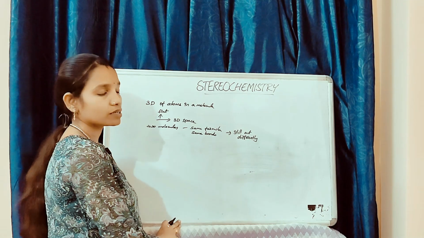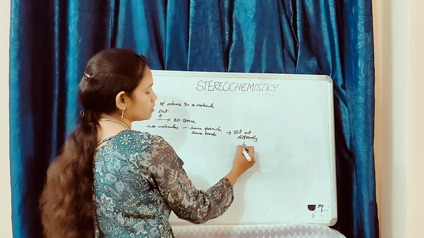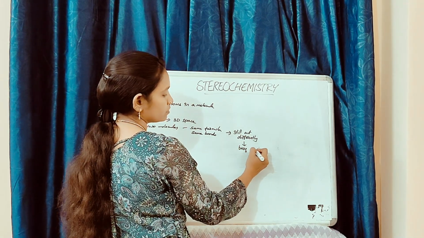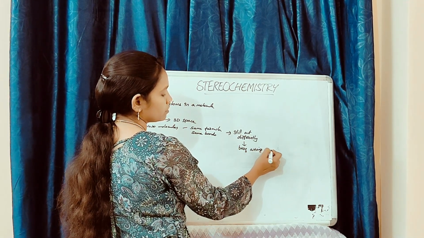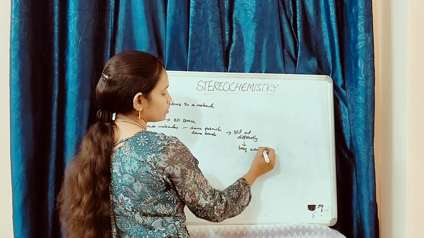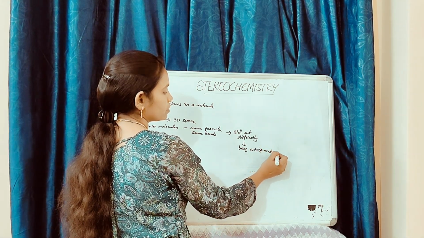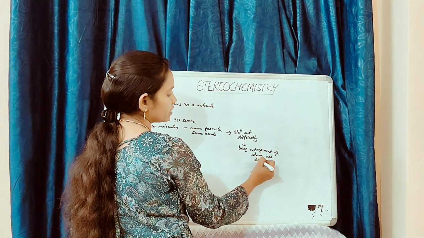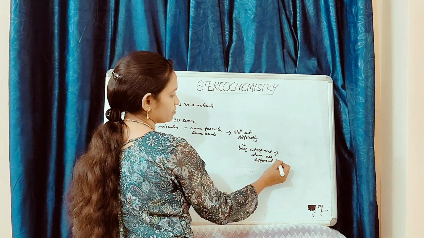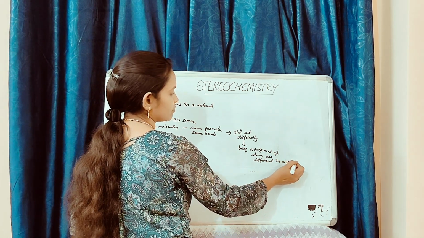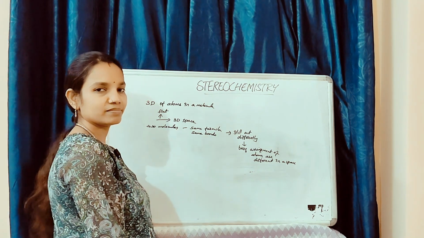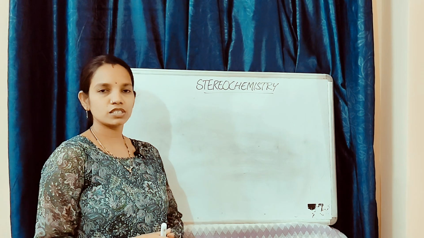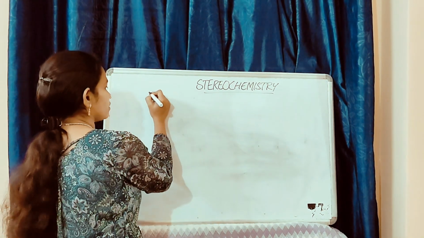Because the arrangement of atoms is different in space. Is it clear? To understand stereoisomers, first we need to know what isomers are.